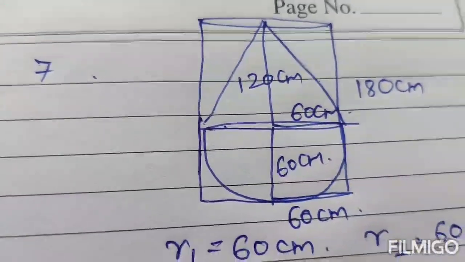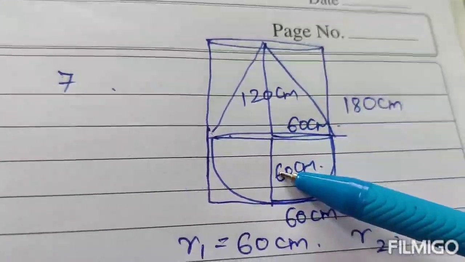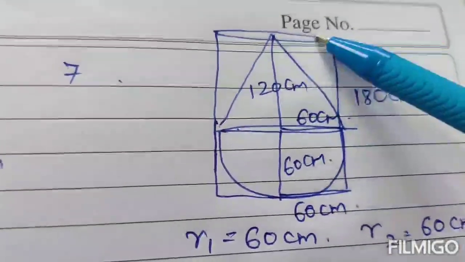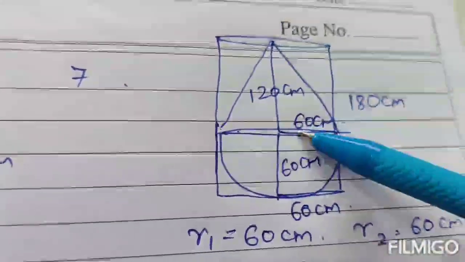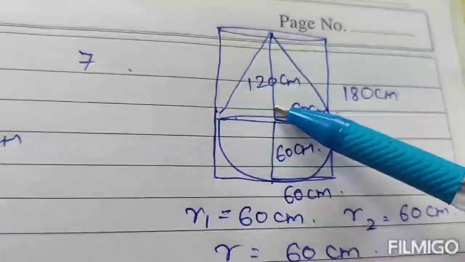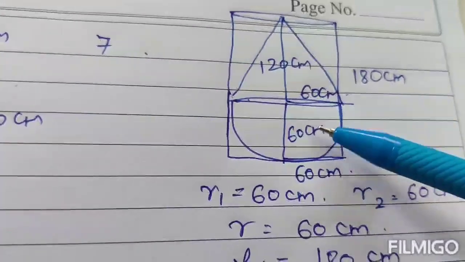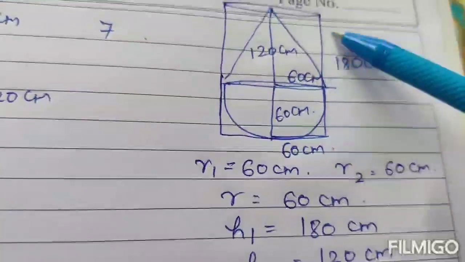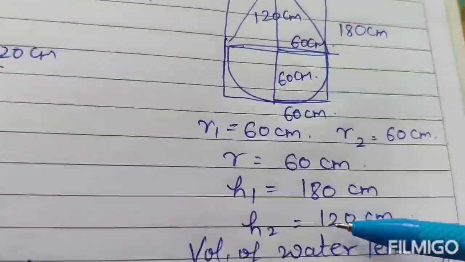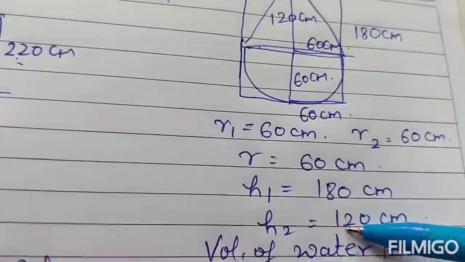This is a figure. A hemisphere and cone standing in a cylindrical portion. The radius of cone, cylinder and hemisphere is 60 centimeter, and height of the cylinder is 180 centimeter and height of the cone 120 centimeter.